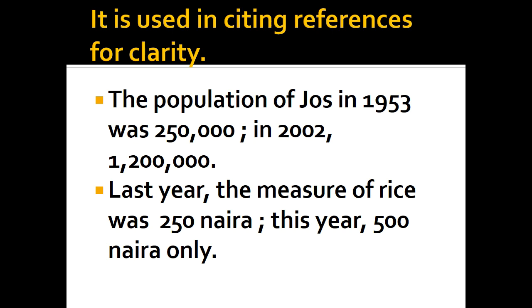When you look at this clearly, you will see that we're making a reference of the 2002 population to that of 1953. Secondly, last year, the measure of rice was 250 naira; this year, 500 naira only. So you can see that we can use the semicolon to make references for clarity.